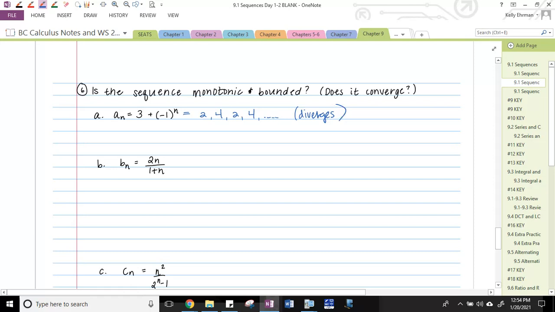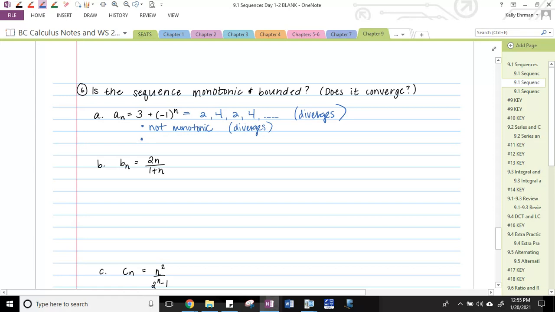Let's check to see, does it diverge according to our monotonic and bounded theorem? Is this monotonic? No, because the terms are not always increasing or decreasing. They keep going back and forth. So it's not monotonic. As soon as you break one rule, the theorem is going to say this thing diverges.